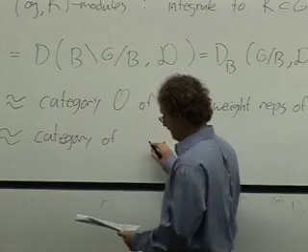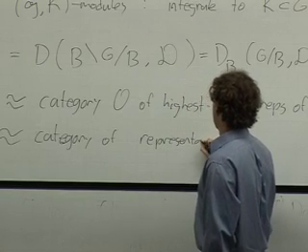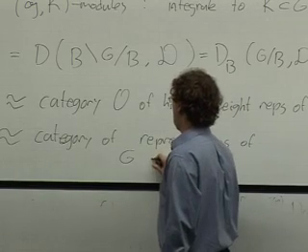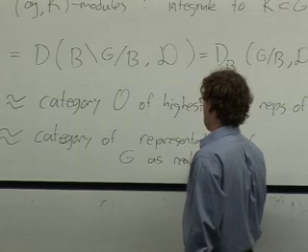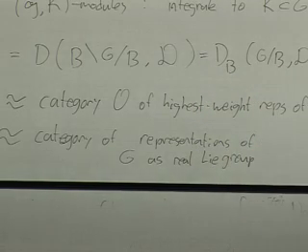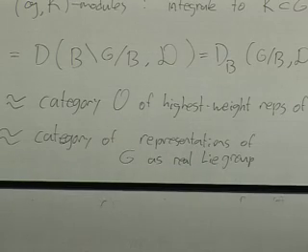of infinite dimensional representations. These are representations of the group G, but now thought of as a real Lie group. So I'm going to think not of algebraic finite dimensional representations of G, but I'm going to look at representations of G as a real Lie group. This contains infinite dimensional representations like principal series representations of SL2C.